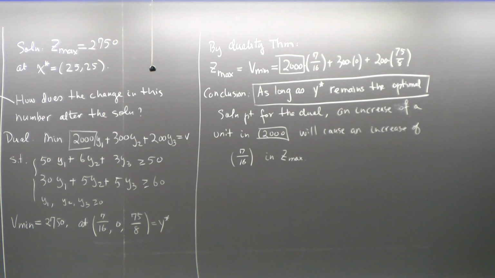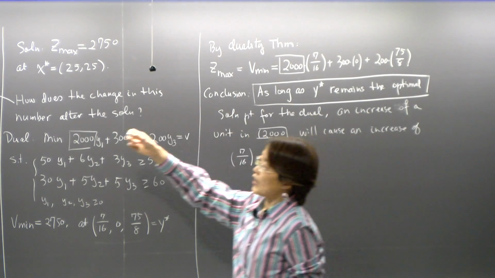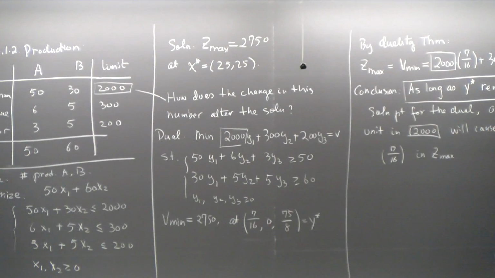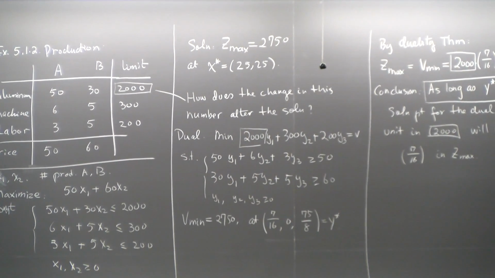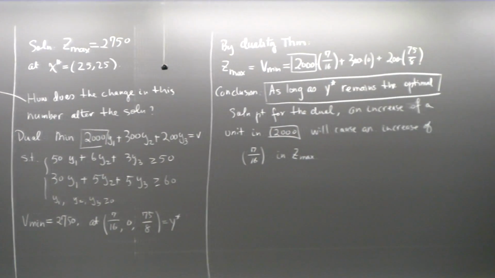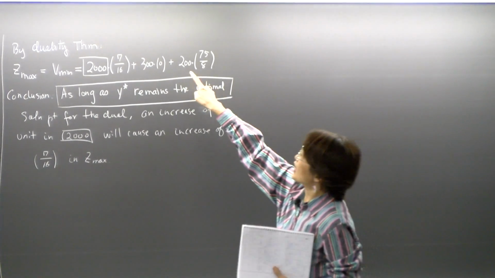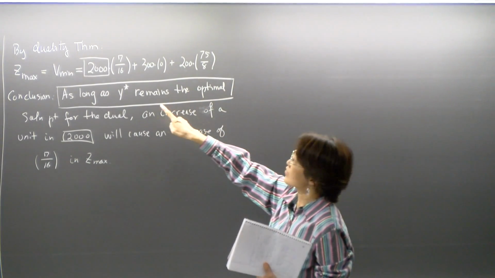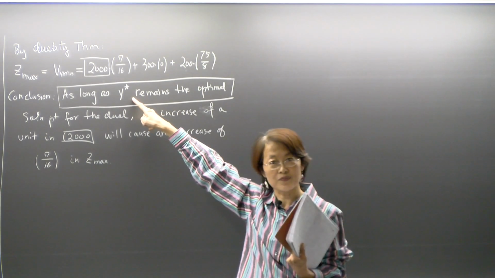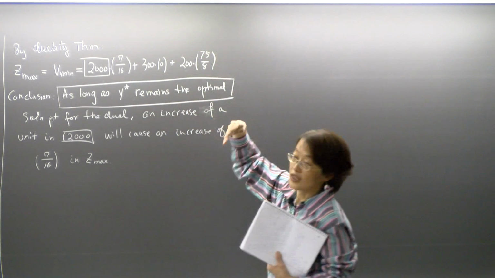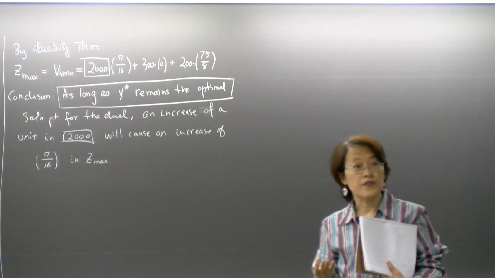Okay, and then you can say the same thing about changing the other. Let's say I want to change the total number of labor. Maybe I hired more people, maybe someone quit because I'm a bad boss. So that number is changed, and what happens, right? And then you see that if I change this number, as long as y star is unchanged, the change in here will cause this much in the profit.